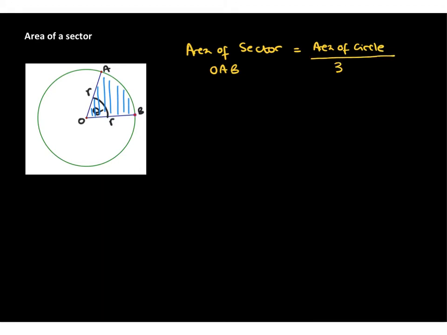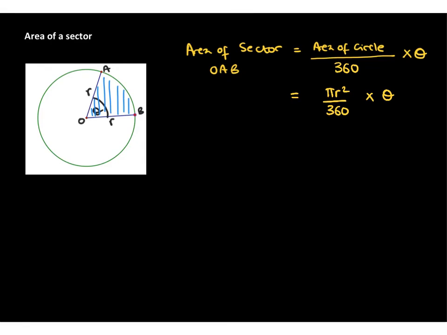Divide that by 360, which gives you the area for 1 degree, i.e. the area of a sector with 1 degree's worth of angle, and then multiply by theta, which gives you the area for your sector, for your angle. So we can substitute in pi r squared over 360 multiplied by theta.